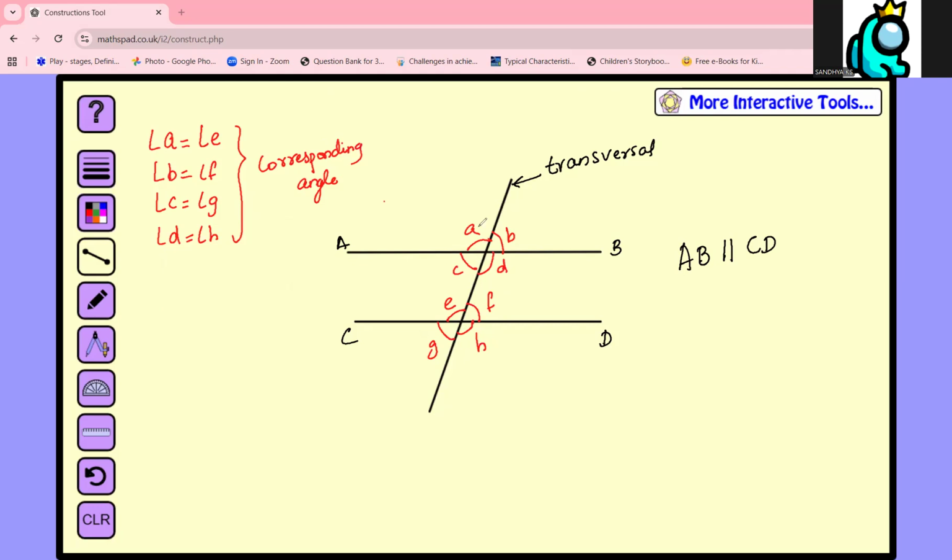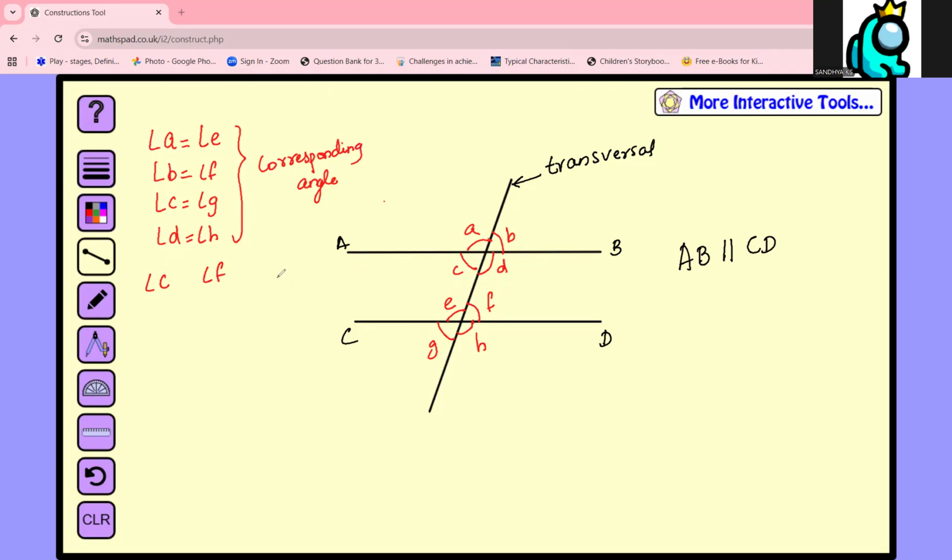Okay, understood? Now C and F are lying opposite and they are all inside also. So we call them interior angles. Okay, C, D, E, F are called interior angles, and out of these, angle C and angle F are lying opposite.